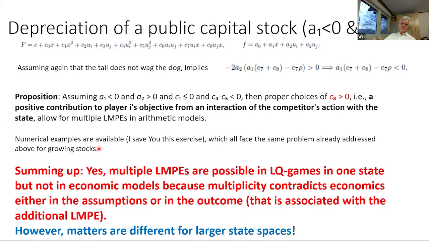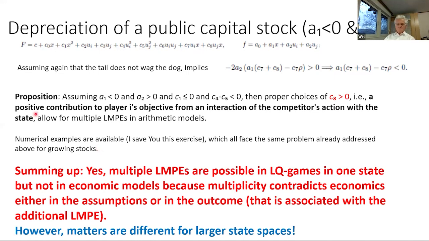So again, taking a little bit of detour, you still may think that the original conjecture, at least confined to economic models, can be upheld, namely that you get uniqueness in linear Markov perfect equilibria. Now comes the really big caveat, namely the matters are different for larger state spaces.